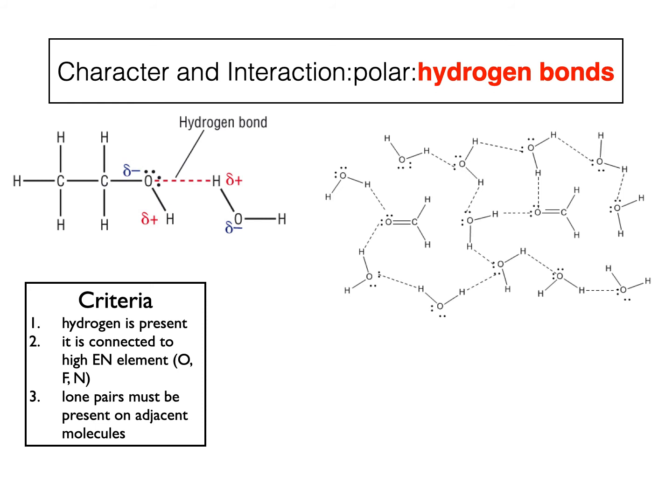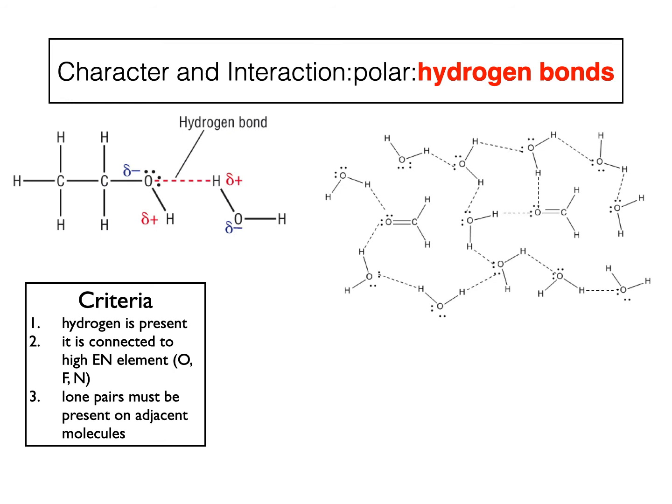So you can see in the left-hand diagram, the hydrogen on the water molecule is a bit deficient because it was hooked up to oxygen in that water molecule. And it looks to a neighboring ethanol molecule, and it sees the lone pairs on the hydroxyl group of a different molecule, and it bridges to that.